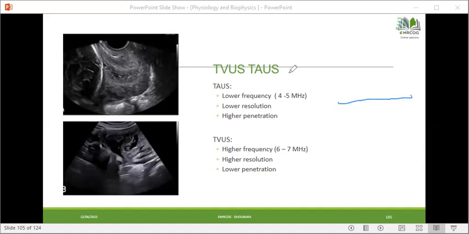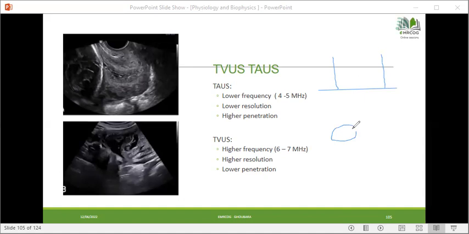If this is the skin surface, and I'm having here the probe, this one and this one. They will transmit the ultrasound waves.